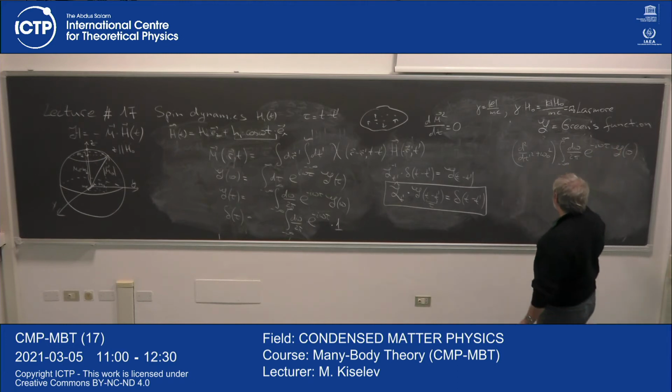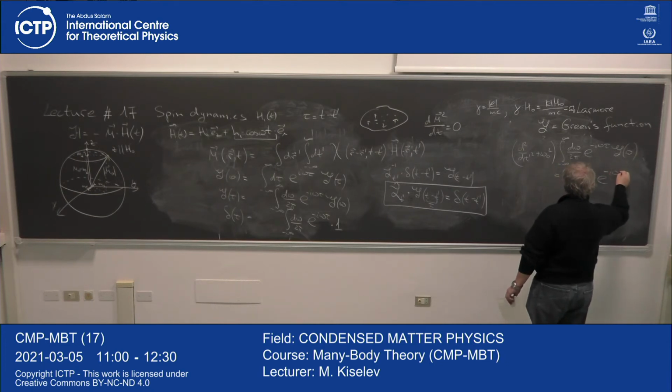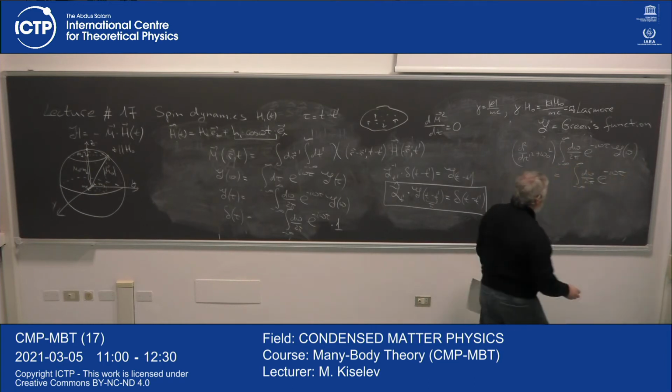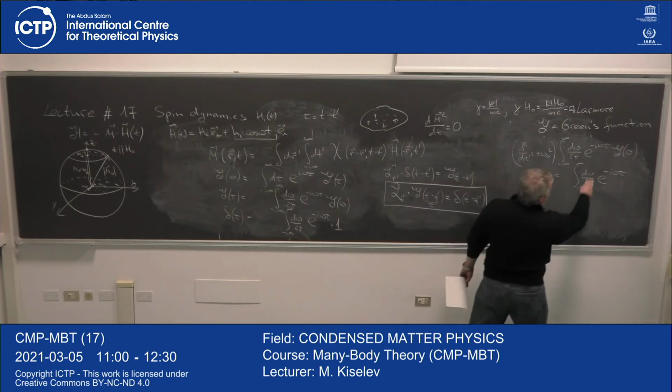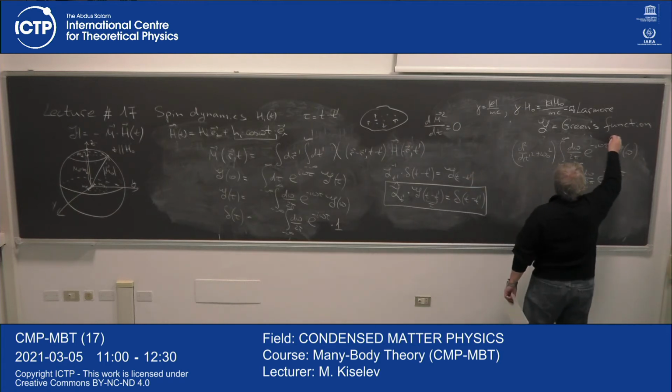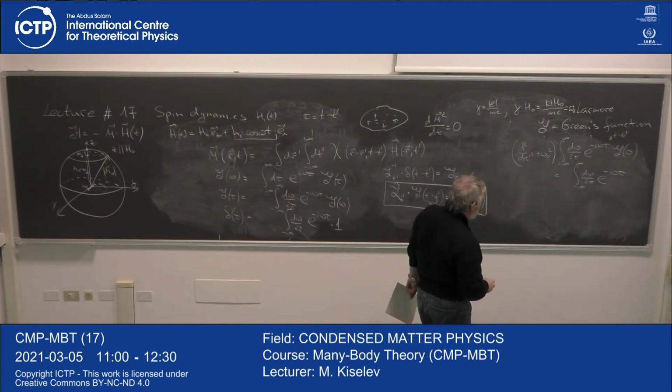And the right-hand side is the integral from minus infinity to infinity d omega over 2 pi e to the power minus i omega tau. Okay, this is the equation. You see that only tau depends on t minus t prime, nothing else.